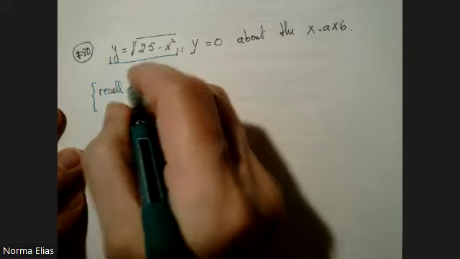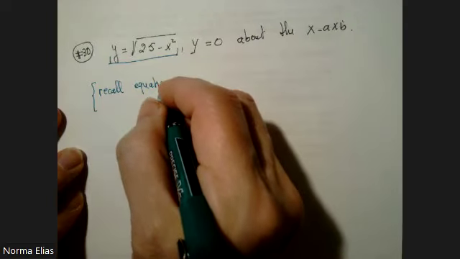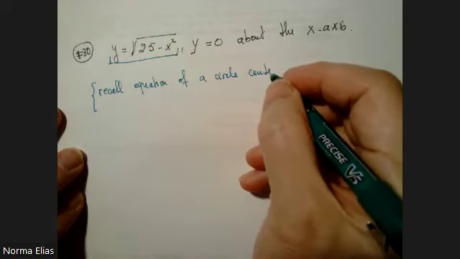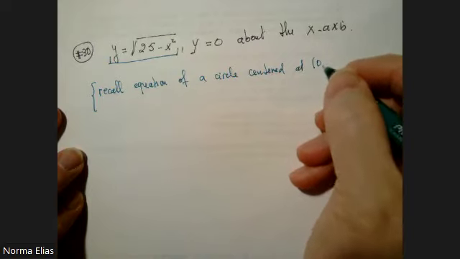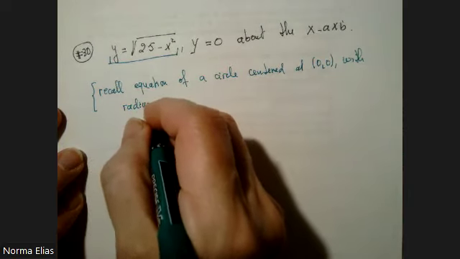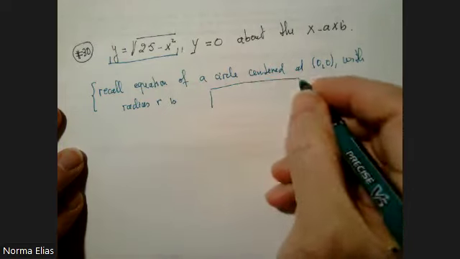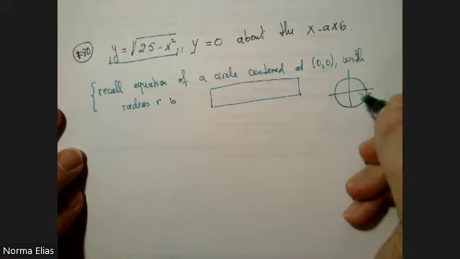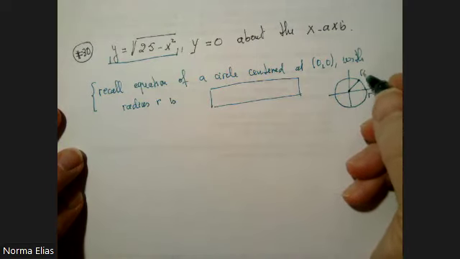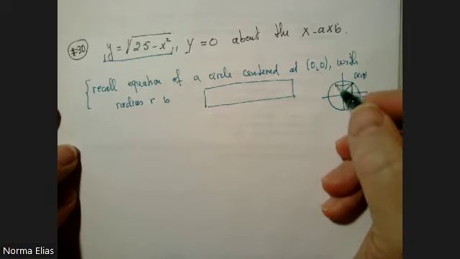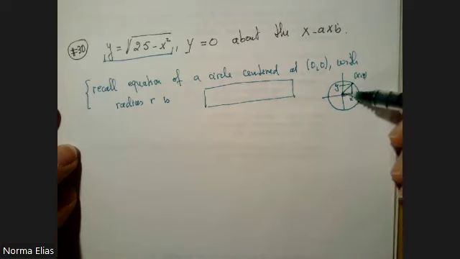Let us recall that if you have the equation of a circle centered at the origin with radius r, and you take any point here on the circle, so this is your x and this is the y, the Pythagorean theorem tells you that x squared plus y squared equals the radius squared.